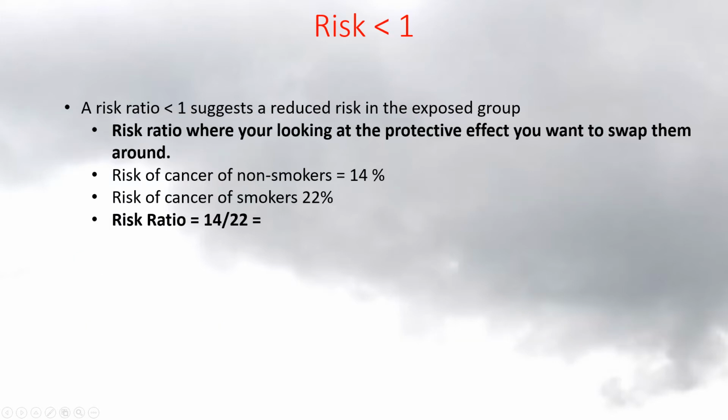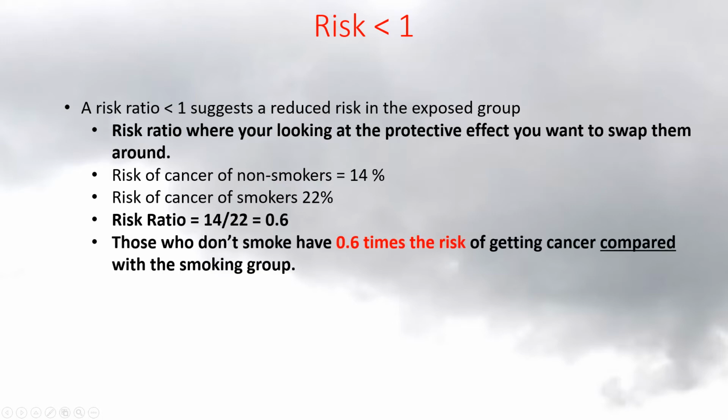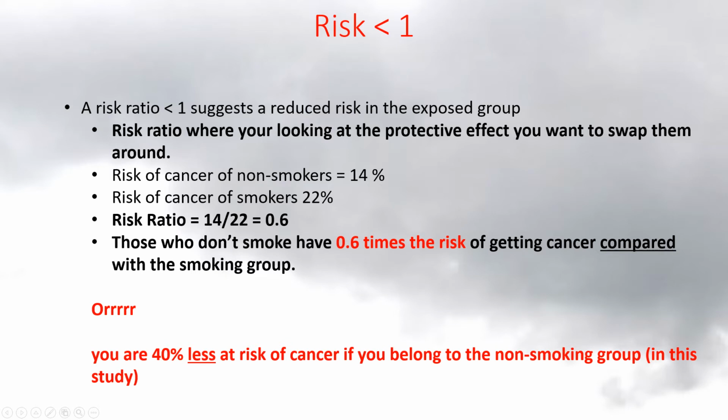We're going to look at what the protective effect of being a non-smoker is, and that's 0.6, which is not 60%, as you'll note. It is you are 40% less at risk of cancer if you belong to the non-smoking group in this study. Make sure you're covering all of your bases here. And you can probably infer how I'm calculating this also.